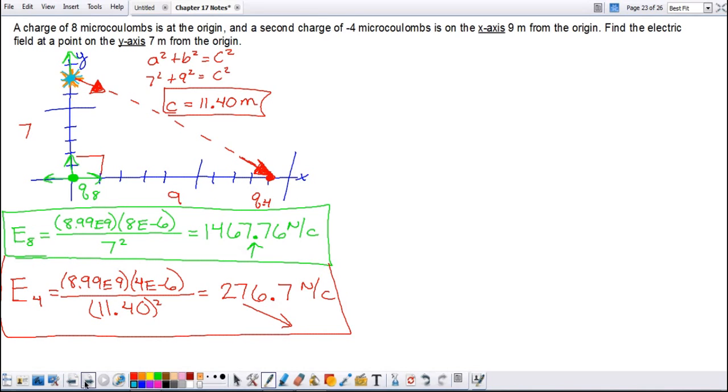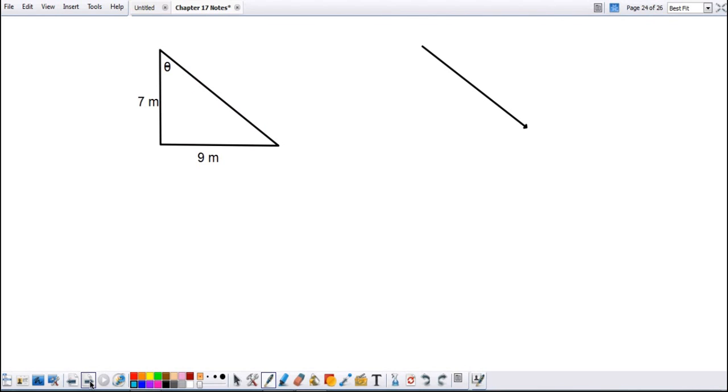To do that, let's take a look at what we need to do. First, we need to figure out what these two components are. We know the magnitude is 276.7.